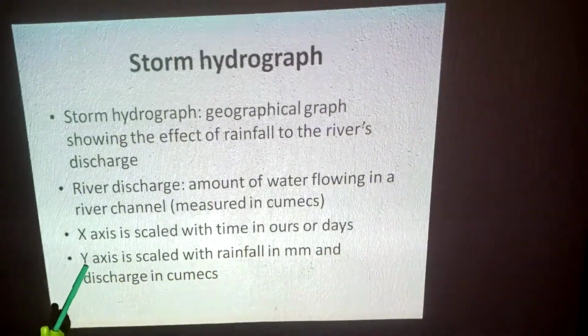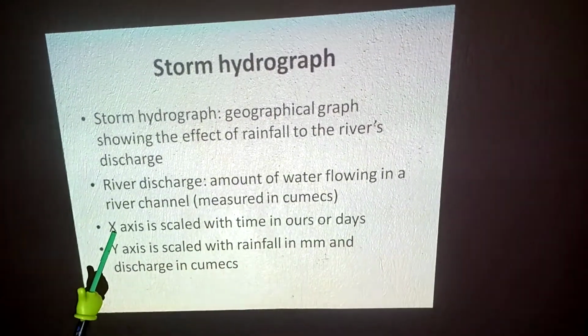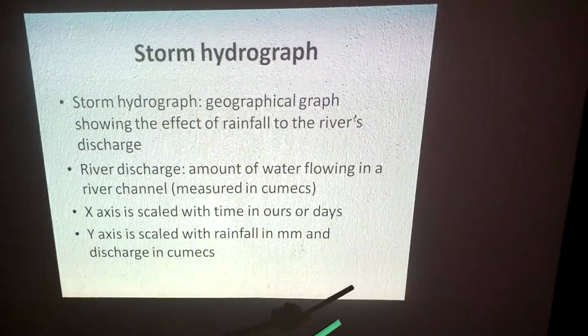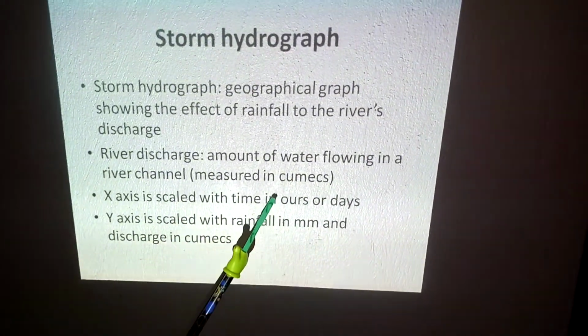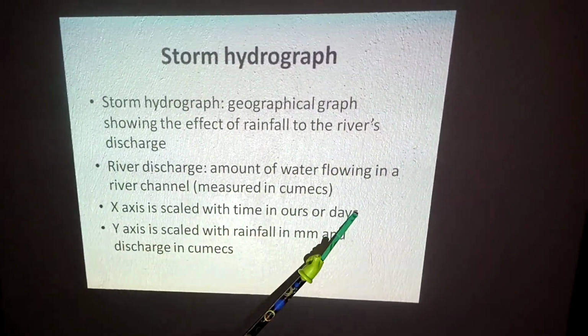And on that graph, on the x-axis, we scale the time in hours. Here is h, hours, not hours, h. And it also can be in days.